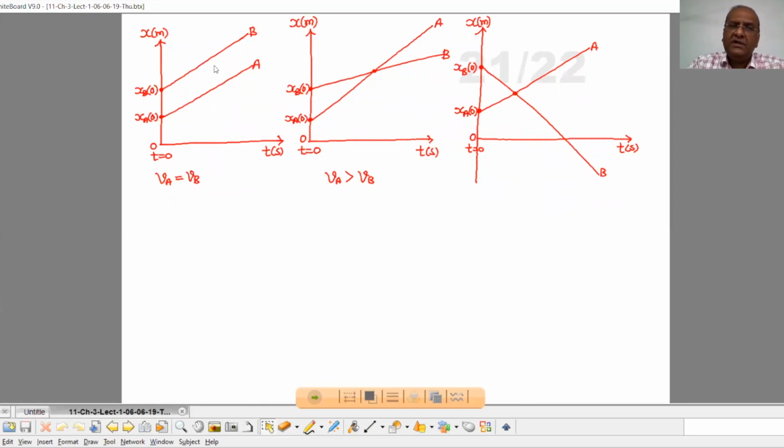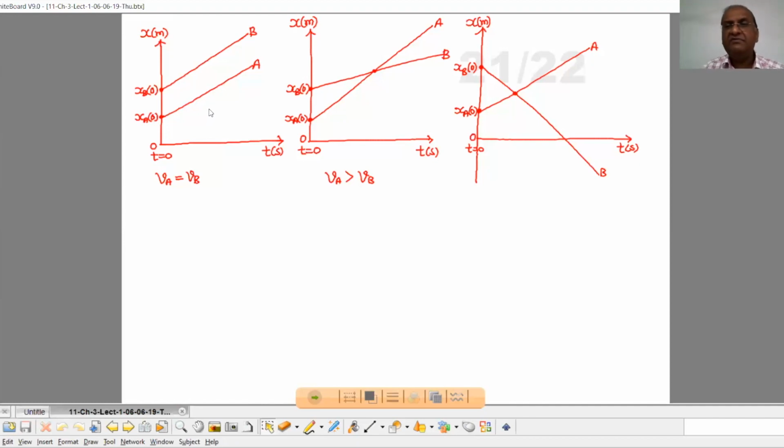When both the lines are perfectly parallel to each other, it implies that the relative velocity is 0. At any instant, the separation between these two will be the same. Both lines make the same angle with the axis, meaning the slope is the same.